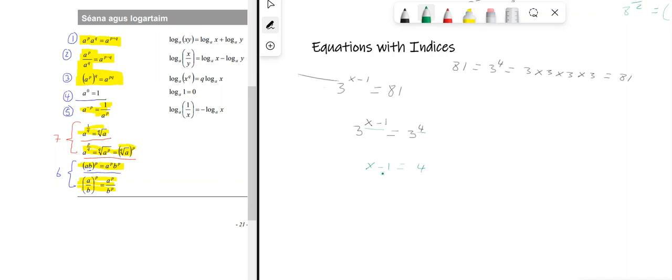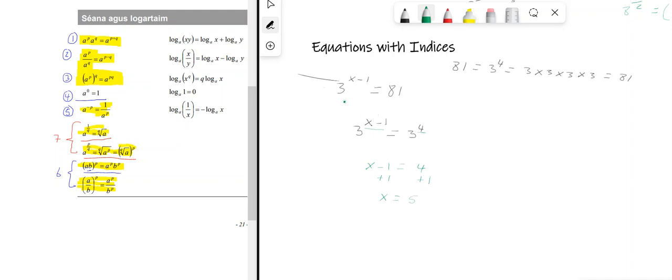Now we can just use algebra to work out what x is. If I add 1 on this side and add 1 on this side to get rid of the minus 1, it's going to be x is equal to 5.